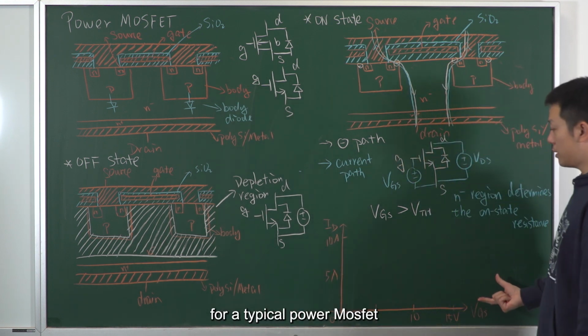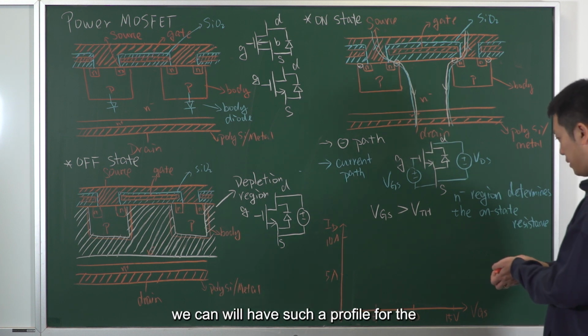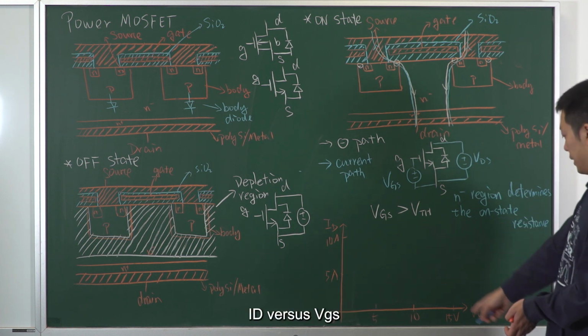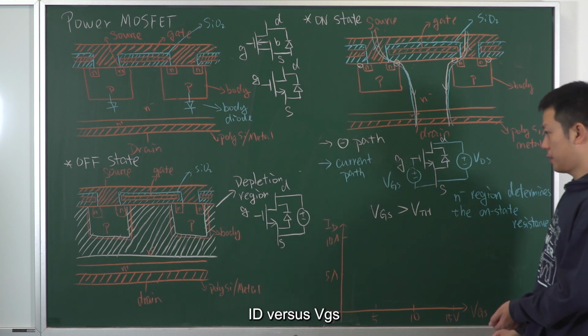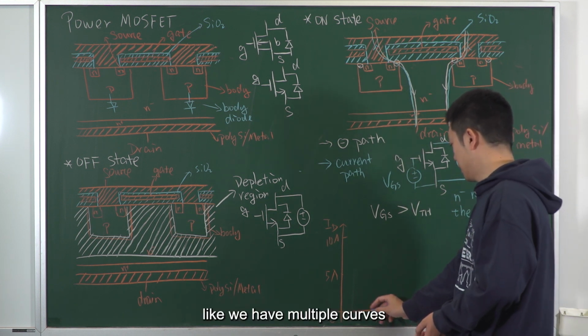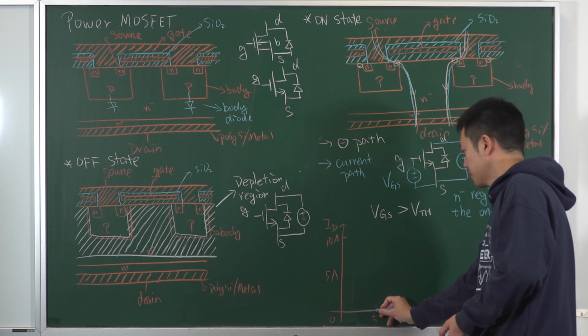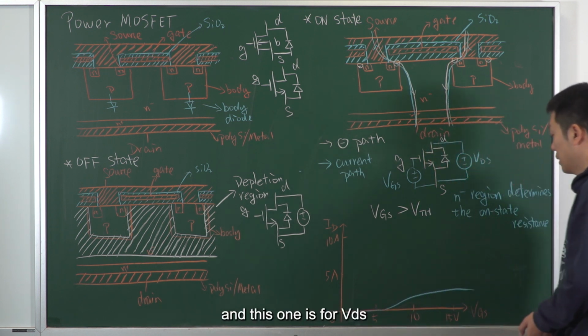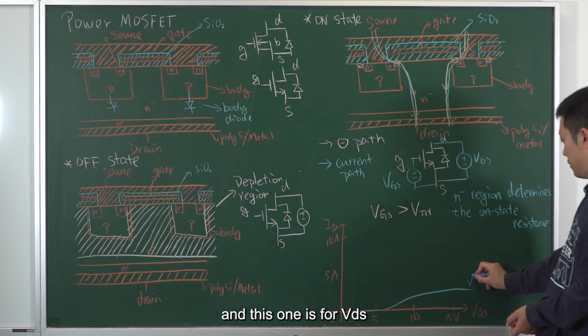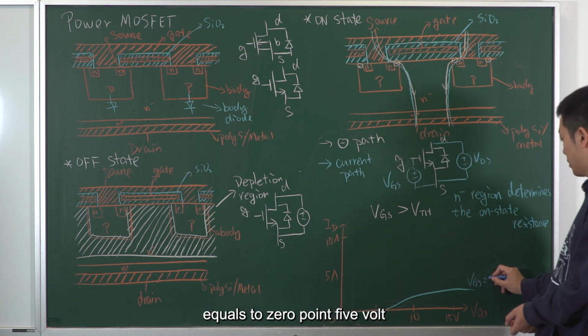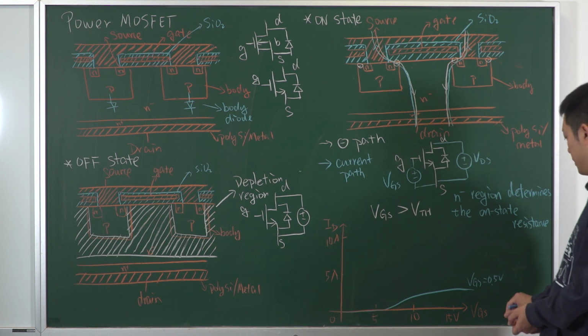For a typical power MOSFET, we'll have such a profile for the ID versus VGS. We have multiple curves. This one is for VGS equals to 0.5 volt.